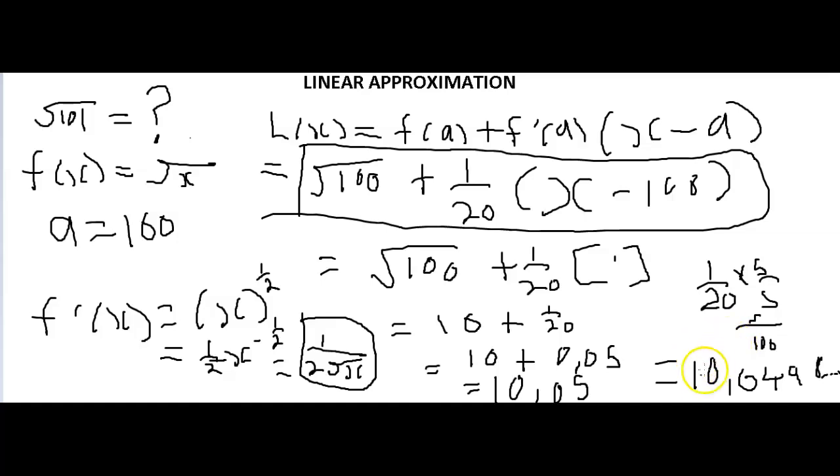Yes. To round this off, it's 10.05 and I got 10.05. So this is my actual answer versus my approximation. As you could see, this is very helpful to get to the answer. Now, I should have said approximately, because this is not equal. So at the end of the day, I actually got the answer right. So that's linear approximation.